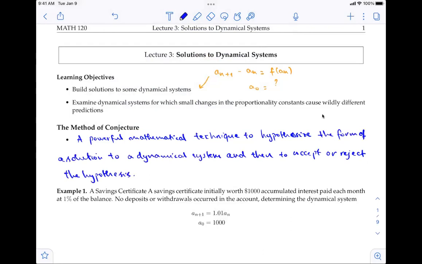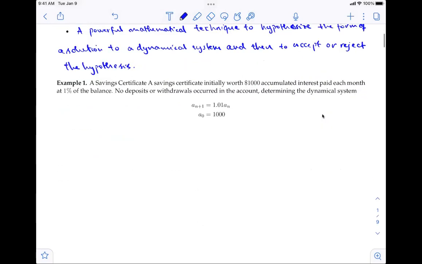Sometimes you propose a formula and it works, sometimes it does not work, but at least you can come up with some conjecture or hypothesis for the form of the solutions to the dynamical system that you want to work with. All right, so let's start with the first example here.